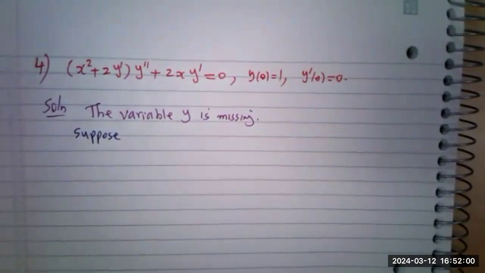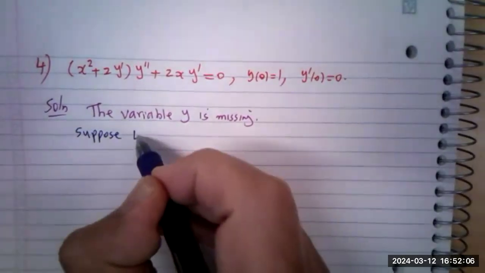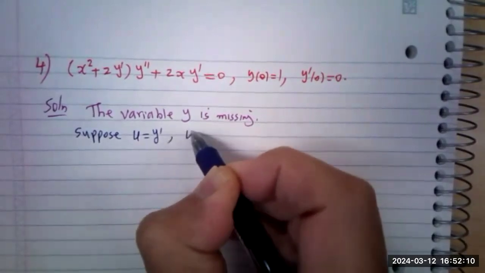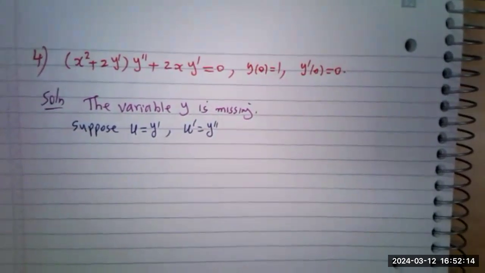We suppose that u is equal to y prime, and u prime is equal to y double prime. Then we go back and substitute into that equation. See what we're going to get.